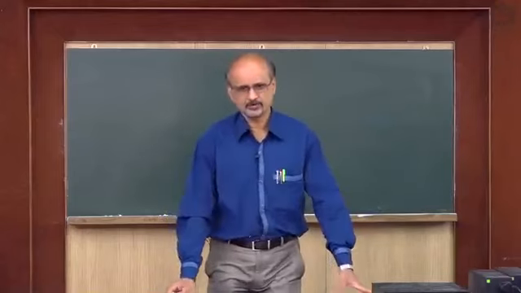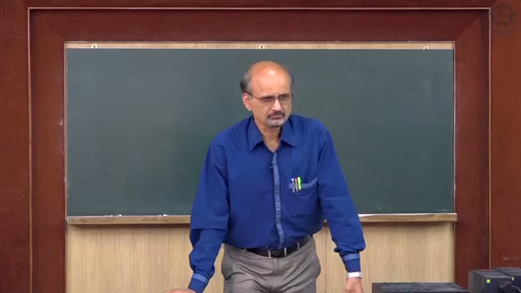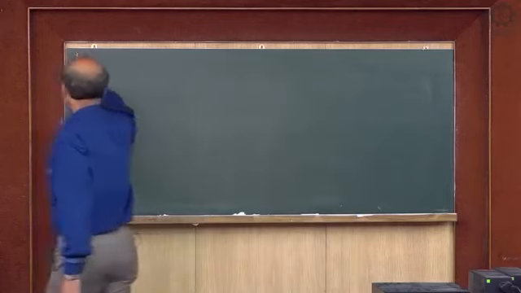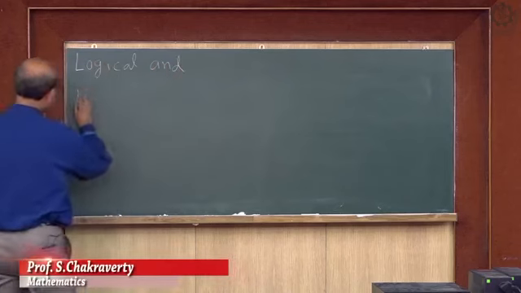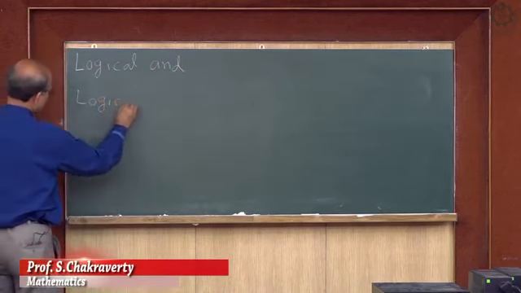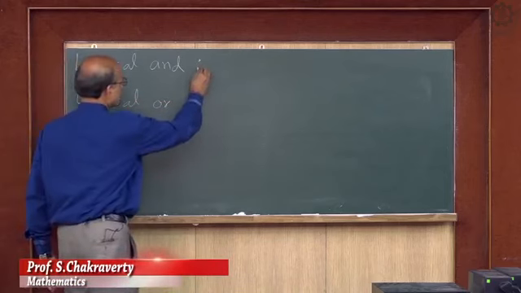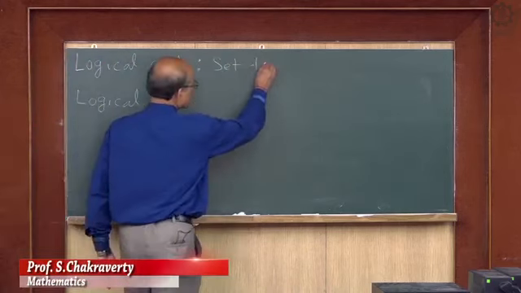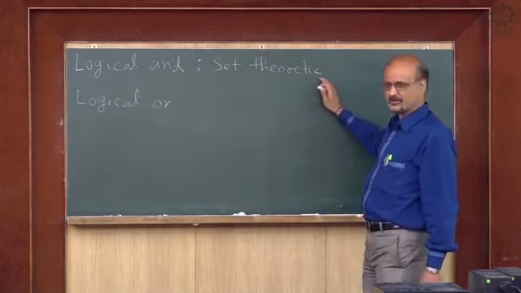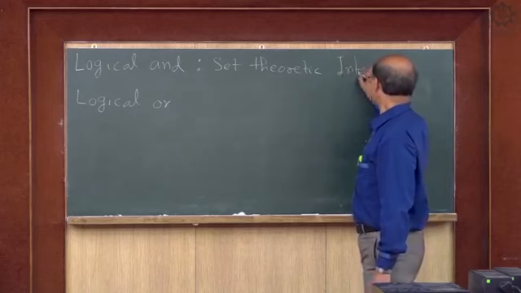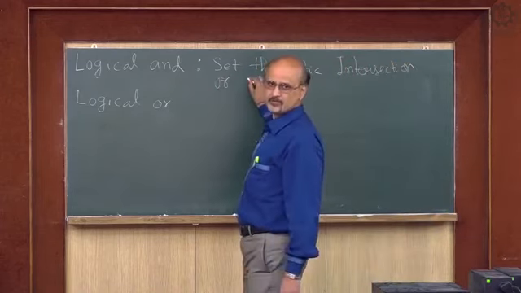Till now we have done logical AND and logical OR. Logical AND is actually set theoretic intersection, or we also defined it as the minimum operator.